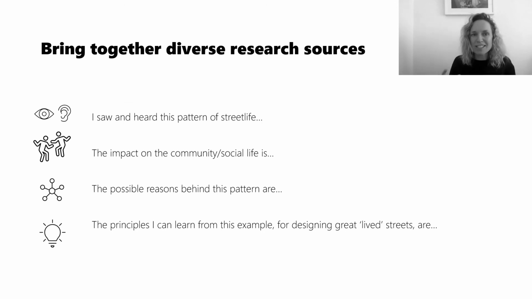And so what we're trying to get you to do is to bring all of these diverse research sources together and to say, I saw and I heard and I read about this pattern of street life. The impact on the community and on social life is this. It has this effect. It promotes this. The possible reasons behind this pattern are this, this, and this.